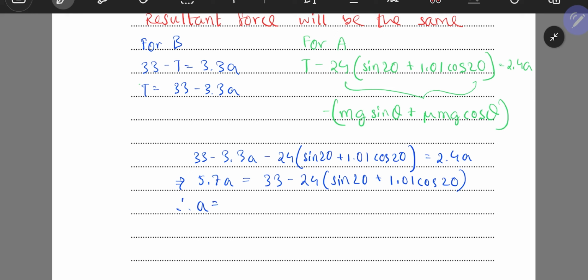Therefore, a is equal to the whole thing divided by 5.7. So 33 minus 24 (sine 20 plus 1.01 cos 20), divided by 5.7. I'm keeping it as exact as possible so that we get the correct answer, because if we round over here, there might be an error due to premature rounding.